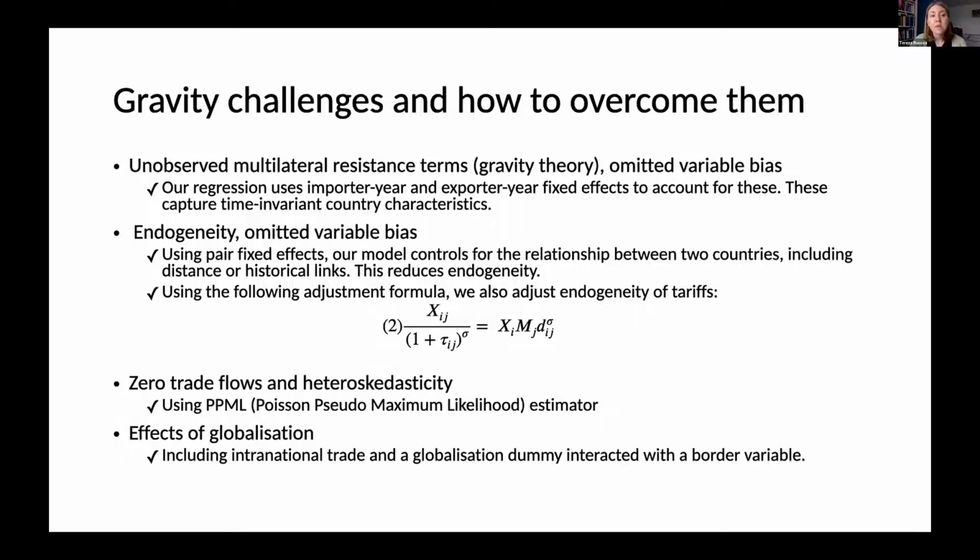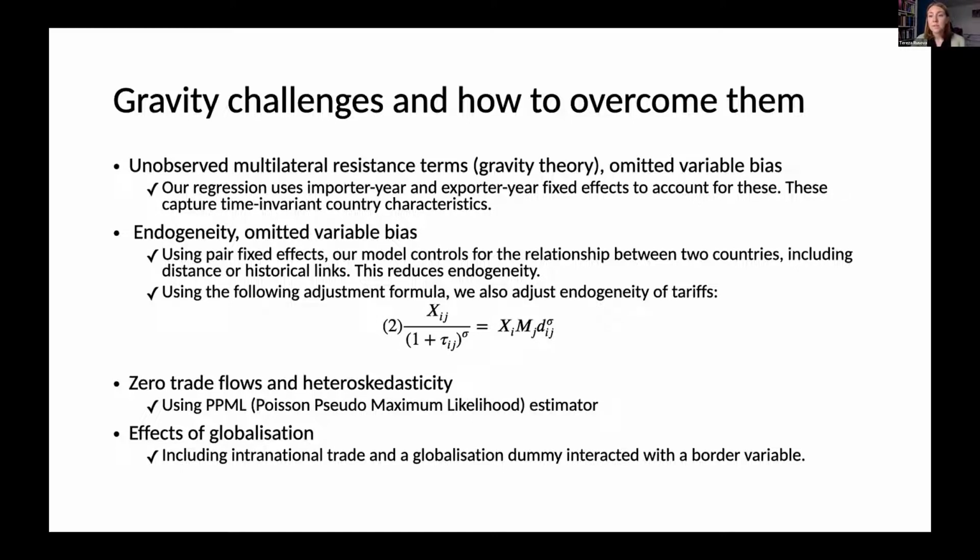So in terms of accounting for omitted variable bias, we include exporter-year and importer-year fixed effects, and these control for the time invariant country characteristics. So things like GDP or some institutional setup that is specific to that particular country. In terms of controlling for endogeneity, we do that in two ways.